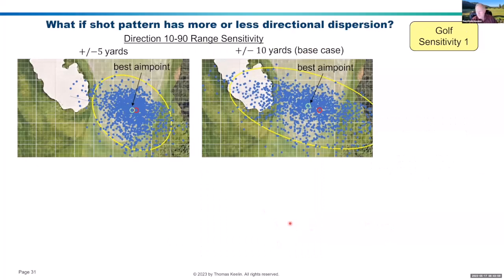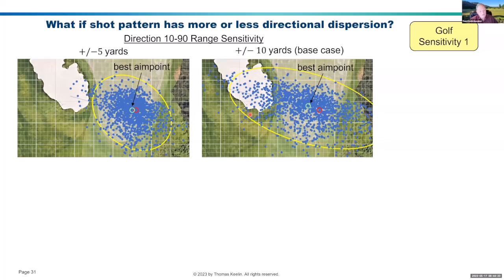Now let's go to some golf sensitivities. These are important from a golf perspective. What I have here is the base case 10-90 range of plus or minus 10 yards. What if you were a better golfer than that, plus or minus 5 yards? I don't know that there are any golfers in the world who could hit 80% of their shots from 160 yards within plus or minus 5 yards.